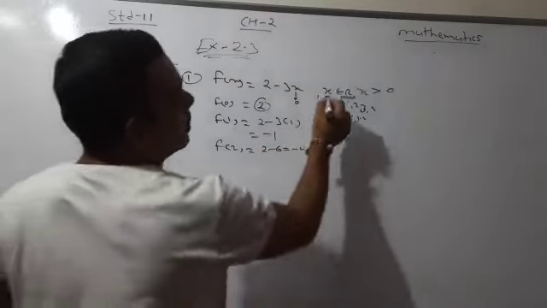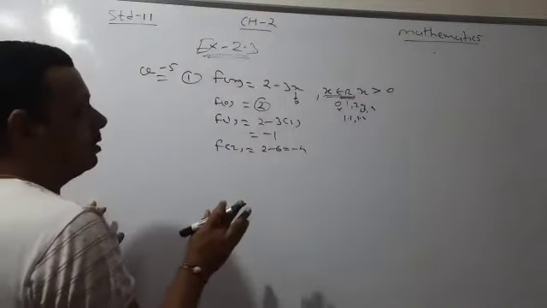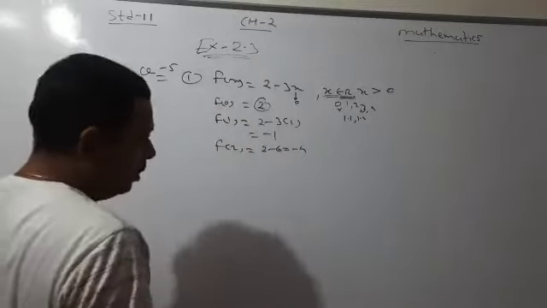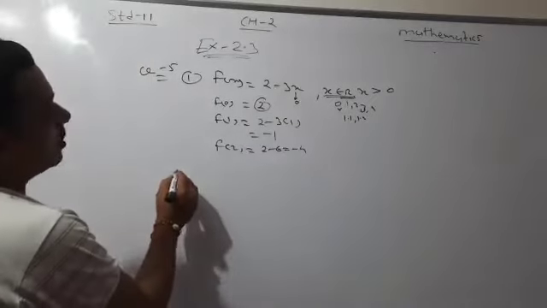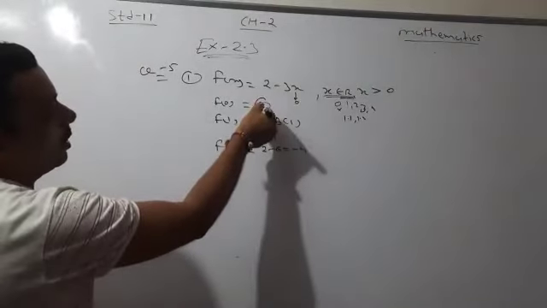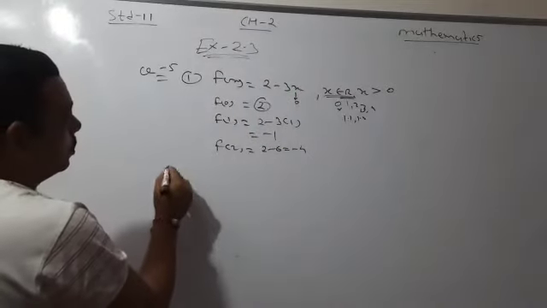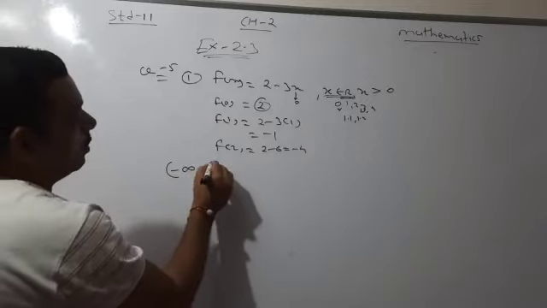But as I told you, x belongs to R, so I have to consider fractional numbers also, but for our convenience we will consider only the integers 0, 1, 2. So in general we can observe that the highest answer is 2, because your answer gradually decreases when x is increased. So the answer set is minus infinity to 2.